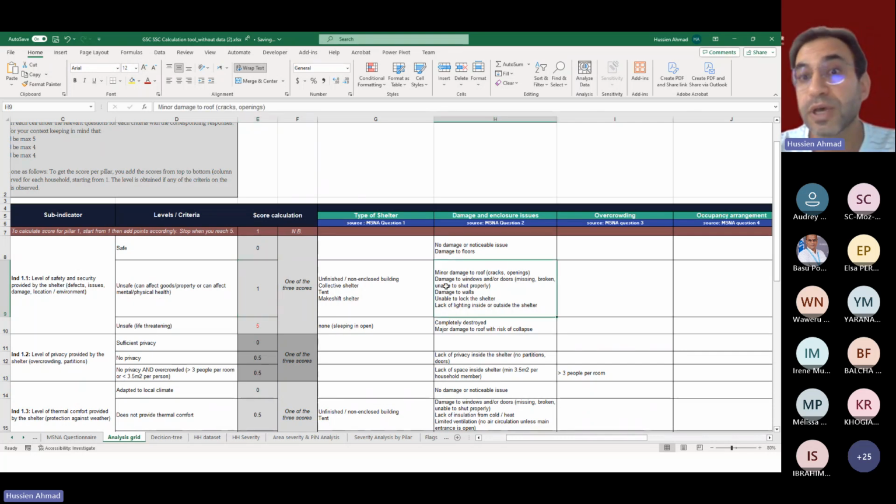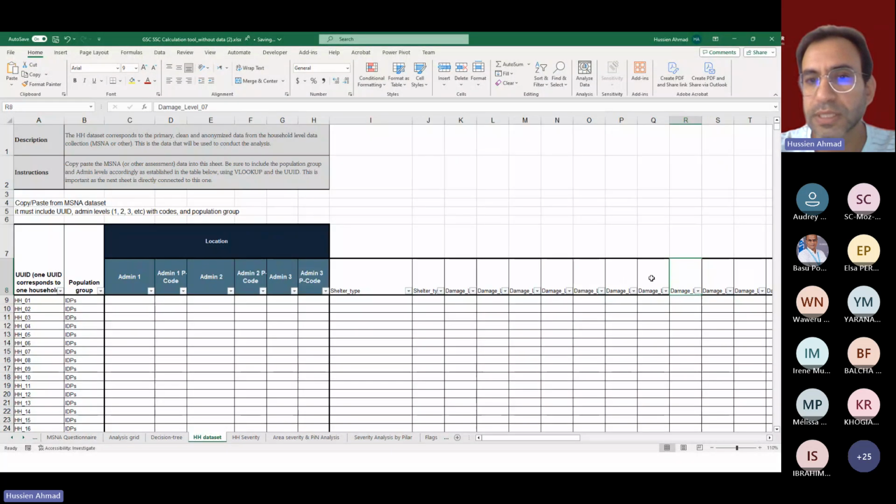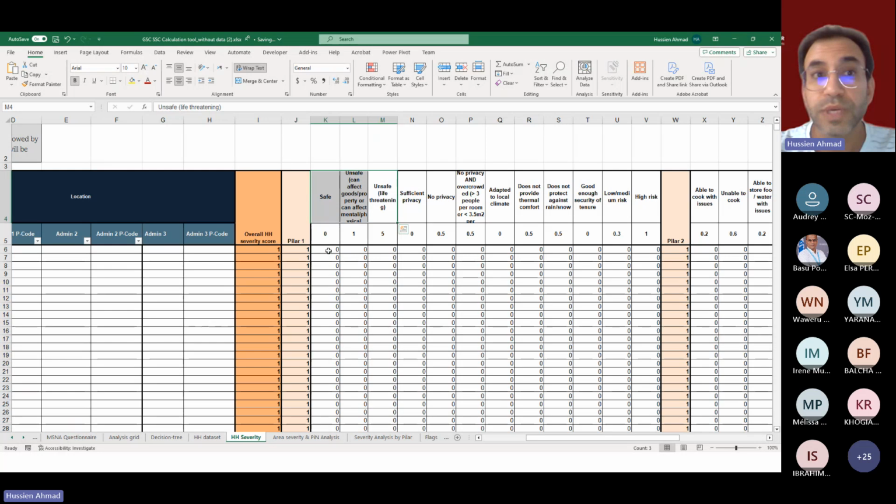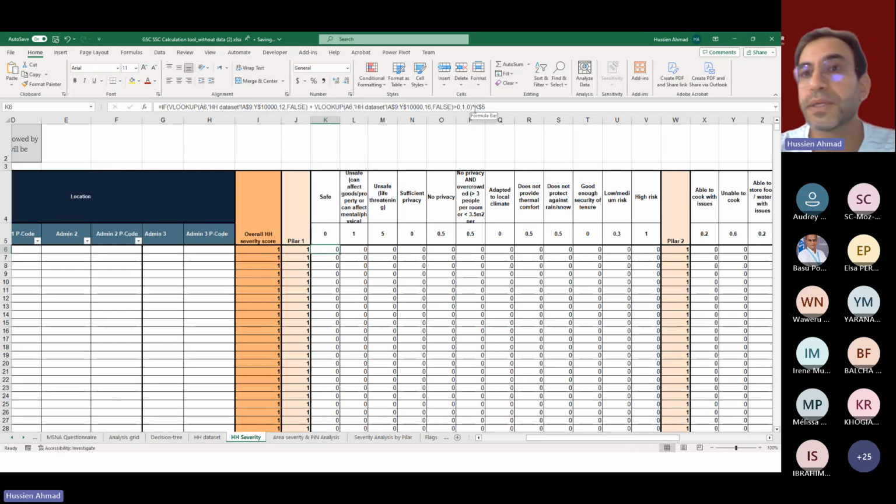If it has minor damage to the roof, minor damage to windows and doors, and so on. So whenever I have it in my household data set, I will build my formula according to that with some if and else and VLOOKUP and so on.